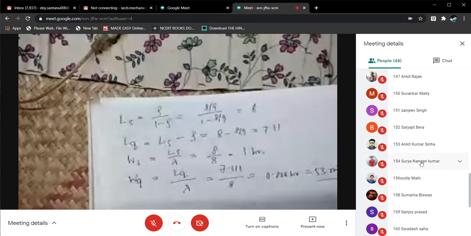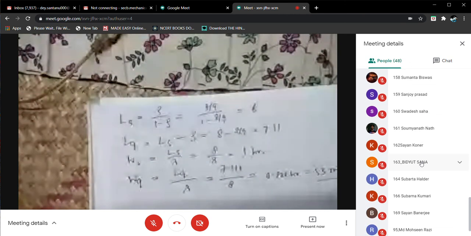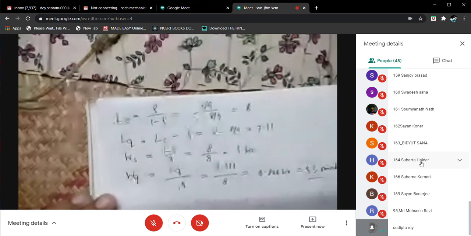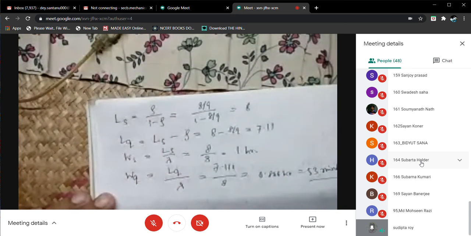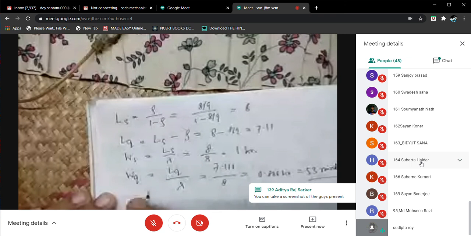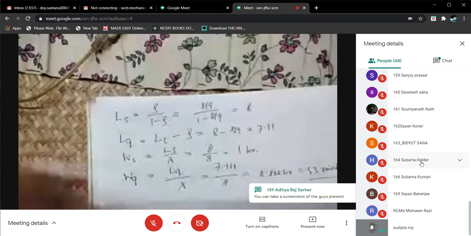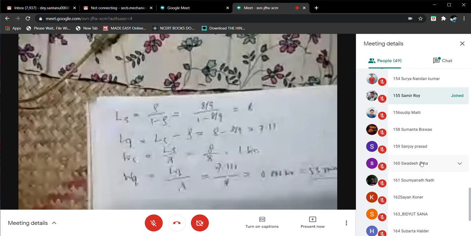Okay, the total number of people is not showing here. Just stay connected. It's better I write out the roll numbers, because I think the roll numbers are available before your names.